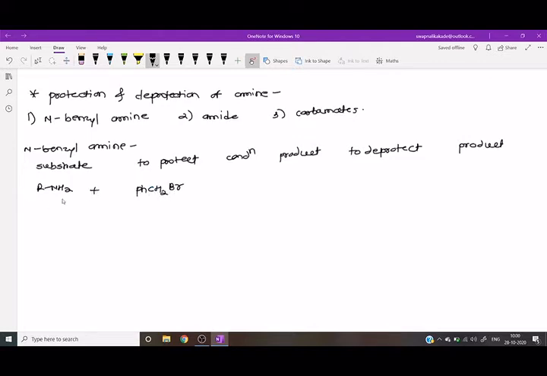Here amine reacts with 2 moles of PhCH2Br, that is benzyl bromide. The condition for protection is a basic condition. The reagents are K2CO3, NaH or diisopropyl ethyl amine. The product formed after protection is dibenzyl alkyl amine.